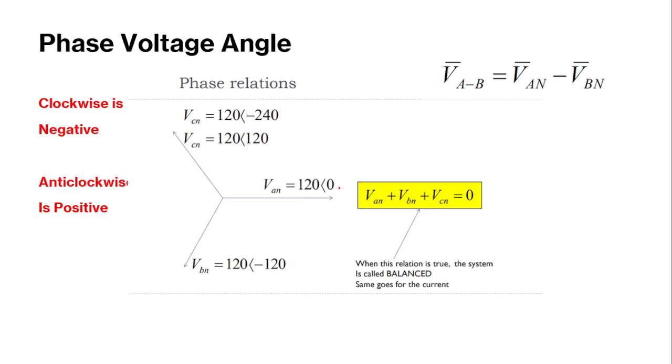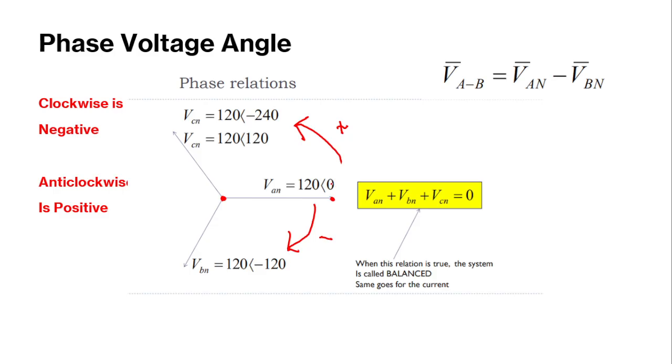Right, cool. Yeah, so what this also is saying, you have the certain angles. So we know the phases are 120 degrees apart from each other spatially. But with the phasors, this is normally 0. When you go in this direction, which is the anti-clockwise direction, that is the positive direction. And when you go in this direction, that's the negative direction. So yeah, that's how to keep that in mind.